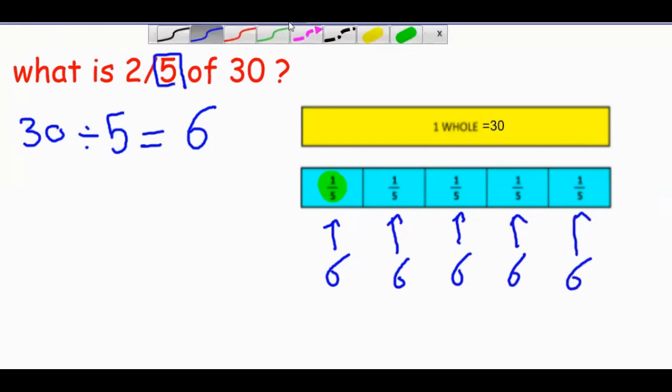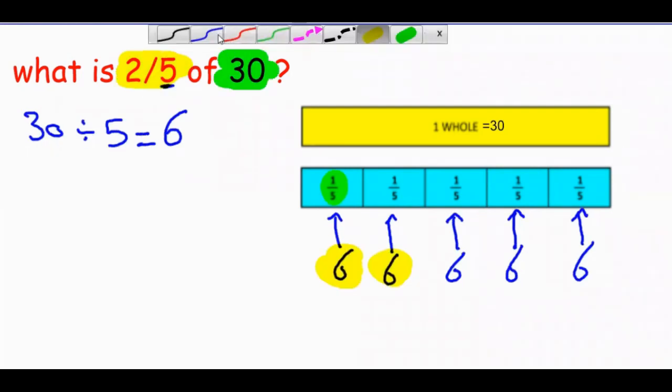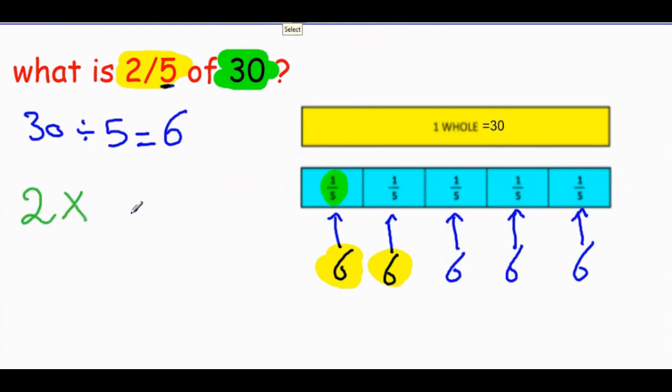In this case, I want 2 parts out of 5 parts. So I will take this part and this part. So I have 2 parts and each part is 6. That is equal to 12. So 2/5 of 30 is equal to 12.